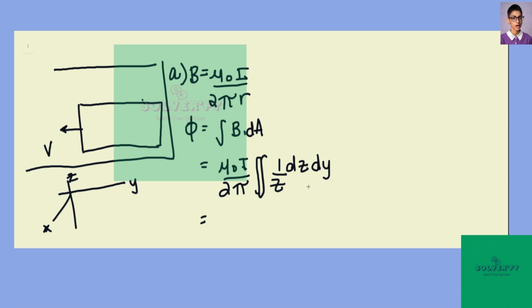Let's do z first: mu naught I over 2 pi times the log of z. And then we want to evaluate this integral from a to L. So I'll label that here: here's a, and then this thing's L.